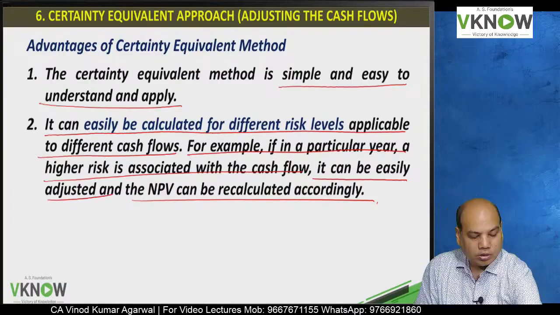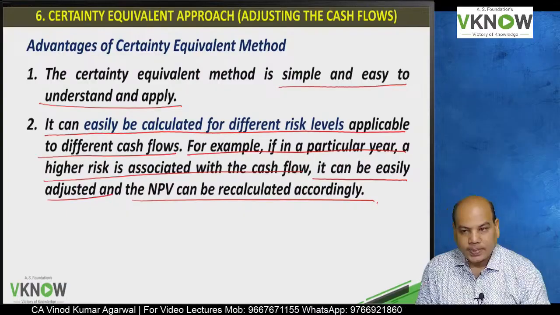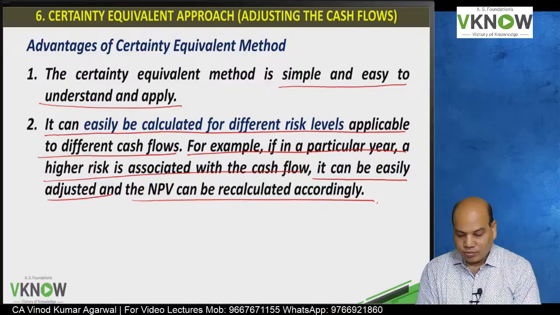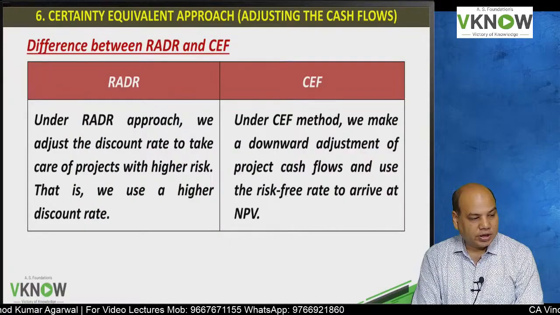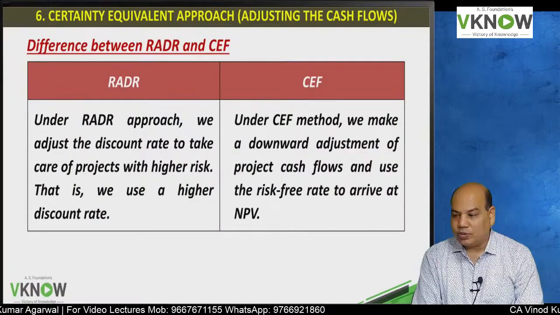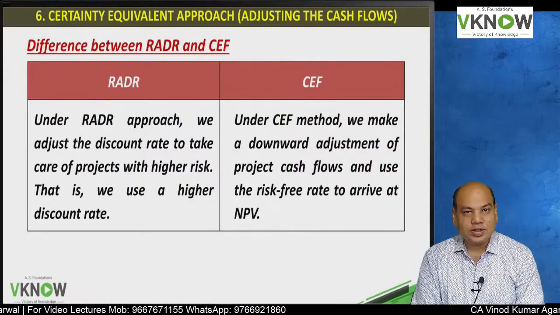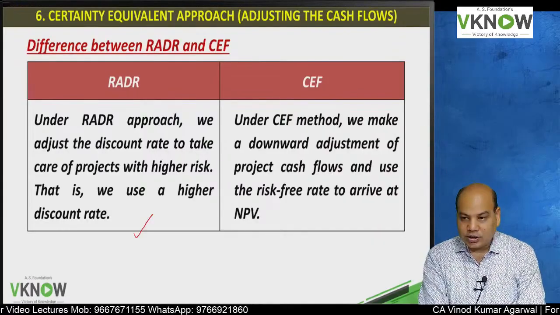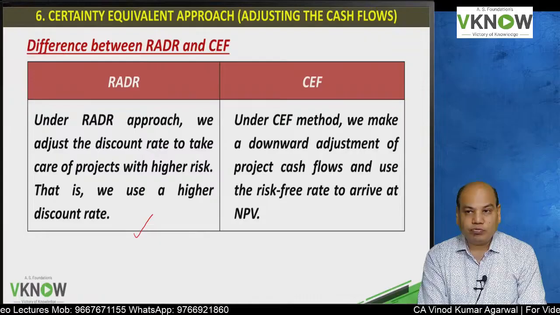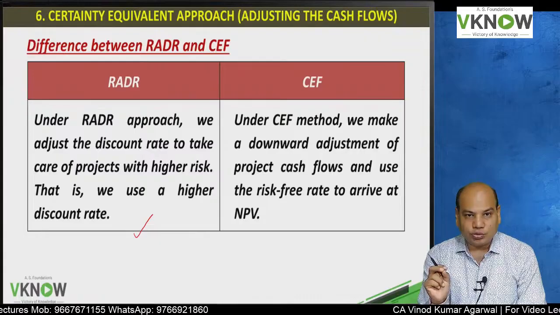Now any query? No queries? Then we'll come to theory question: difference between risk adjusted discount rate and certainty equivalent factor. Under risk adjusted discount rate, we will adjust the discount rate.